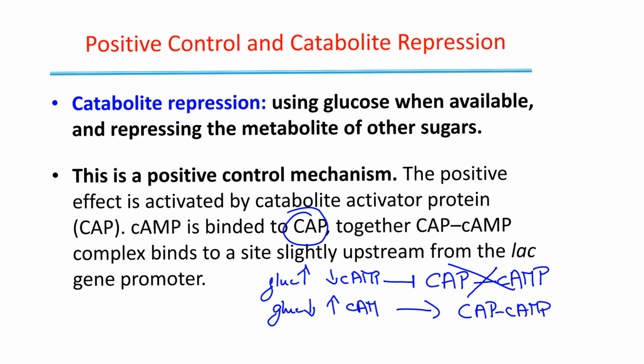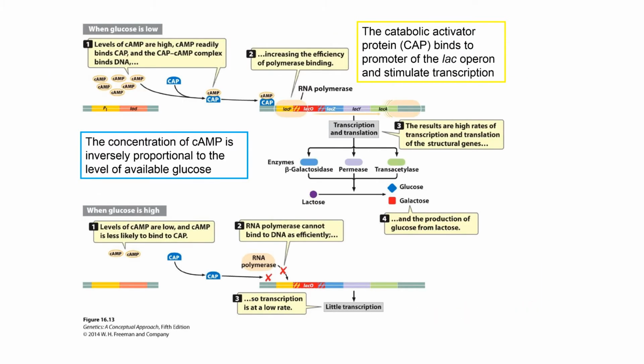So here is just a summary. This slide summarizes what we have discussed previously. So firstly, when glucose is low, levels of cyclic AMP are high, and cyclic AMP can bind to CAP, the catabolite activator protein, which now, as a complex of cAMP and CAP, can bind to the promoter and enable efficient binding of RNA polymerase.